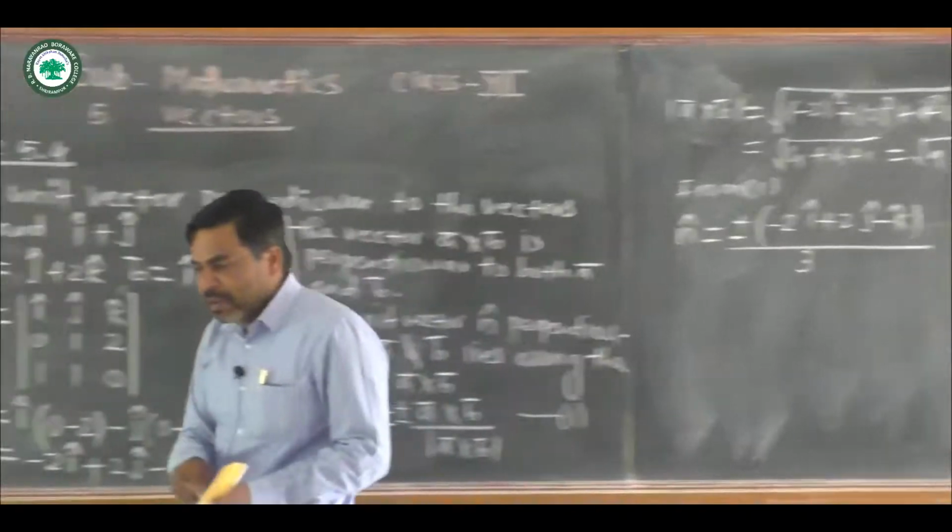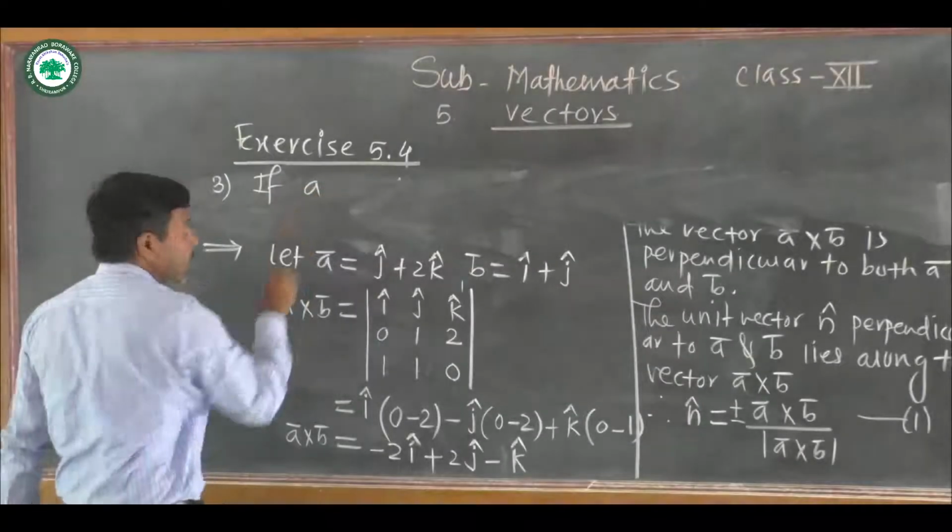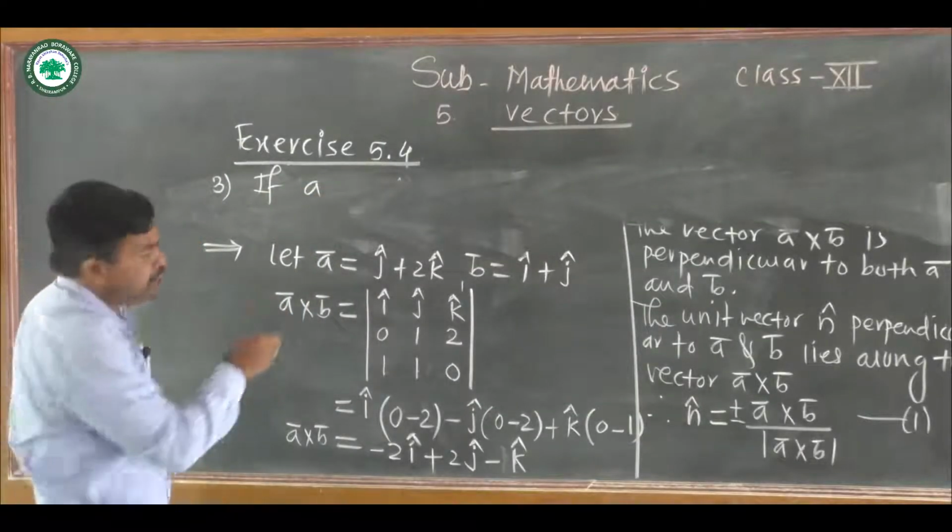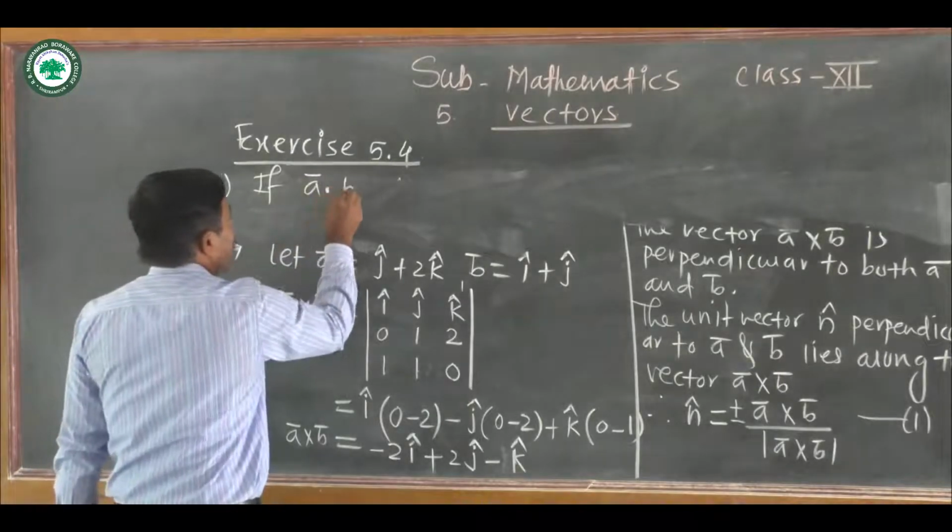We see in the next example. A bar dot B bar, the dot product, is given.